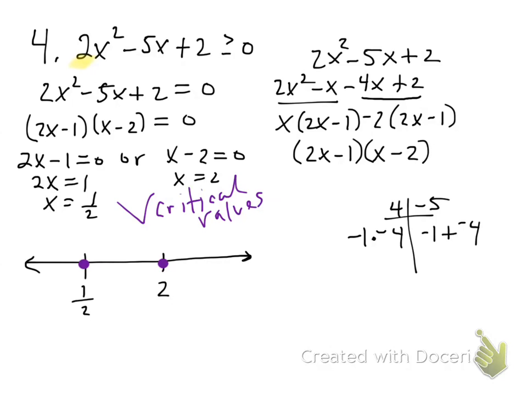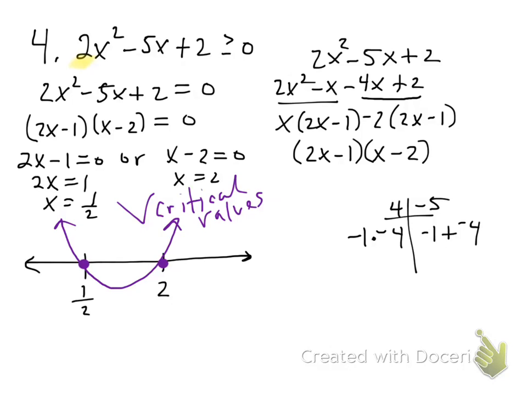The other thing is, notice we do have an equal symbol here. We want to know when this expression equals 0 or is greater than 0. And so I am using a solid dot. And again, we know it opens up, so it's going to look something like that if we were to sketch it on this number line.